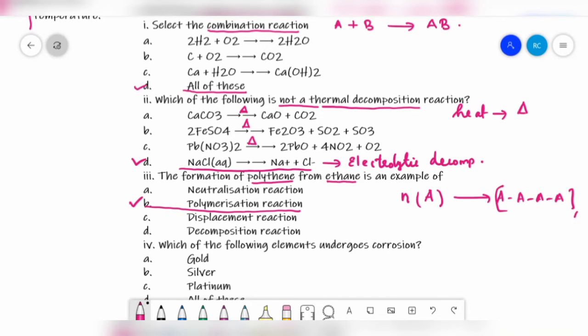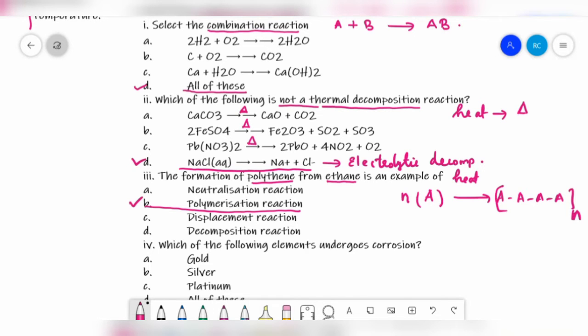So this is called a polymerization reaction. n times it will occur. And this happens in the presence of high temperature and pressure. So an example here given is ethene undergoing polymerization to form polyethene.